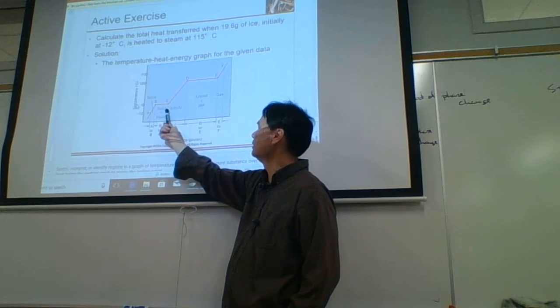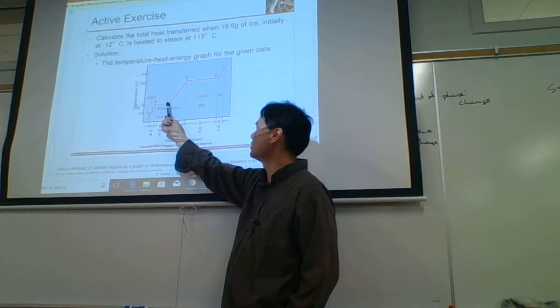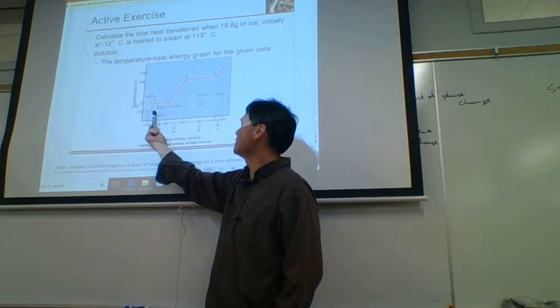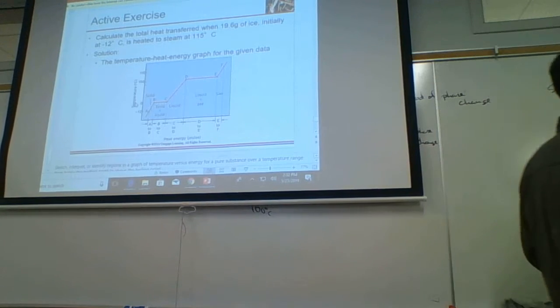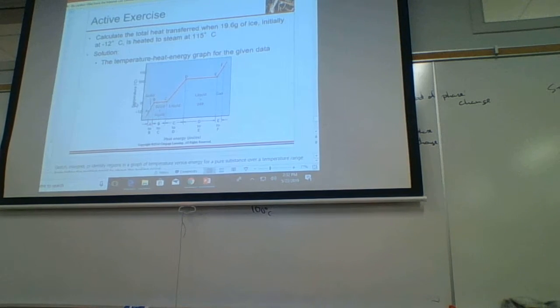There's no more solid ice left, and that's point C. And so how much heat is required to melt all that ice? Well, I'm going to call that step 2 over here. And so step 1 was to warm the ice. Step 2 is to melt the ice. And the ice is going to melt at 0 degrees C. And so we're warming the ice from minus 12 degrees C to 0 degrees C.